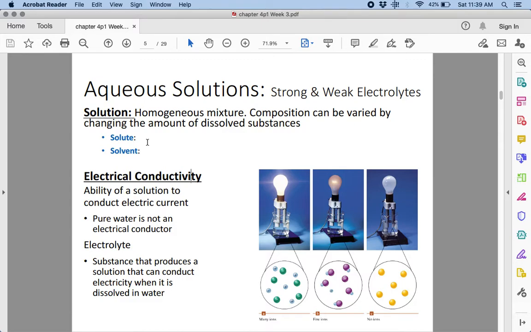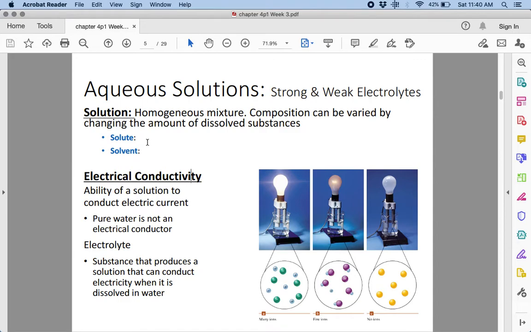Please keep in mind that for the most part, we will be dealing with solutions where it's a solid in a liquid or a liquid in a liquid. Those are the most common. But a solution could be a gas in a liquid. A solution could be a gas and a solid. A solution could be 2 gases. A solution could be 2 liquids.